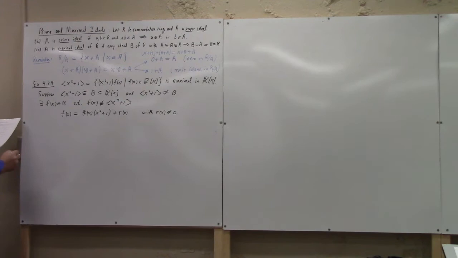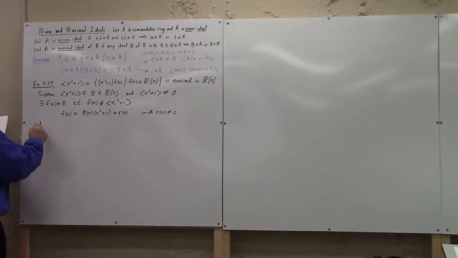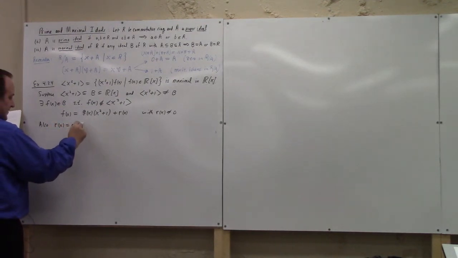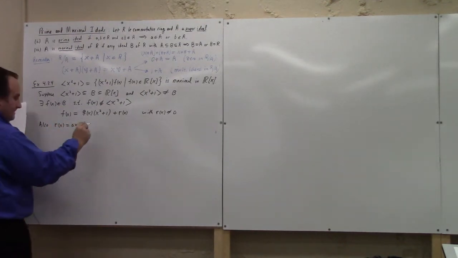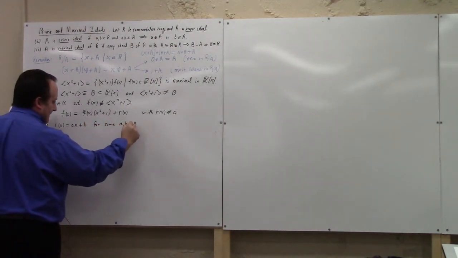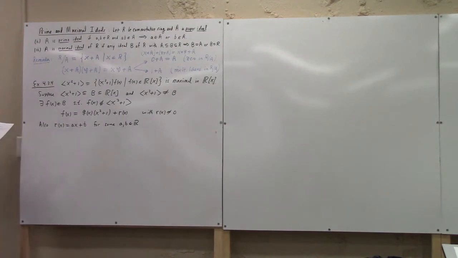And also, what do we know about the remainder? It has degree smaller than the divisor, right? So r of x is equal to ax plus b for some choice of a and b, and they can't both be 0. At least one of a and b is non-zero.